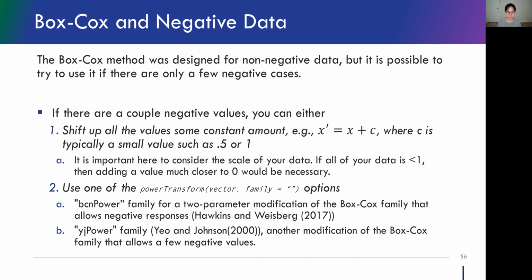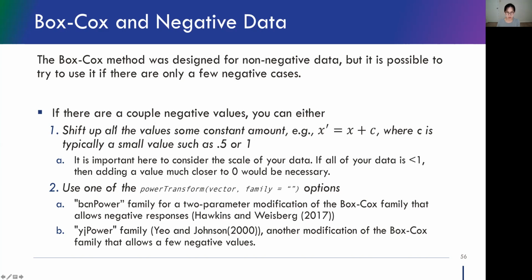Again, this BothXY method was designed for non-negative data. Remember, it's for strictly positive and monotonic data. But it's also possible to try using it if there are only a few negative cases.